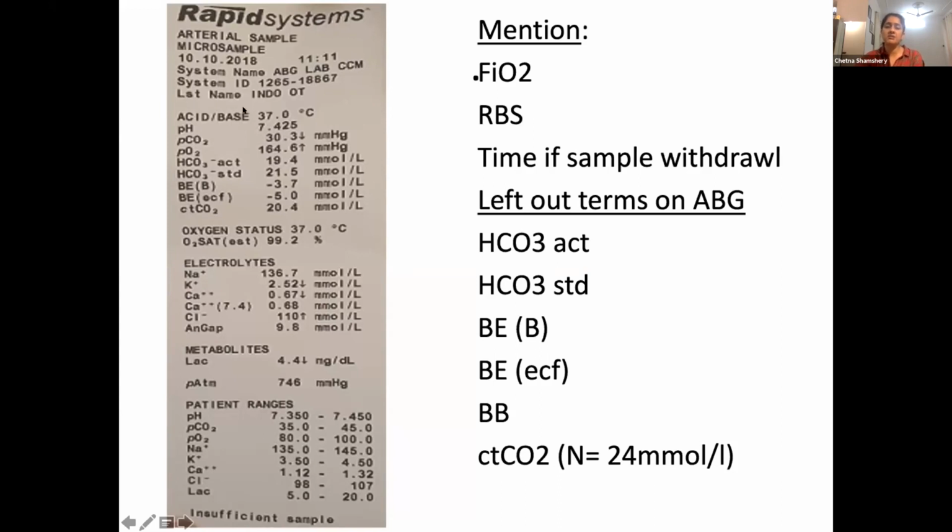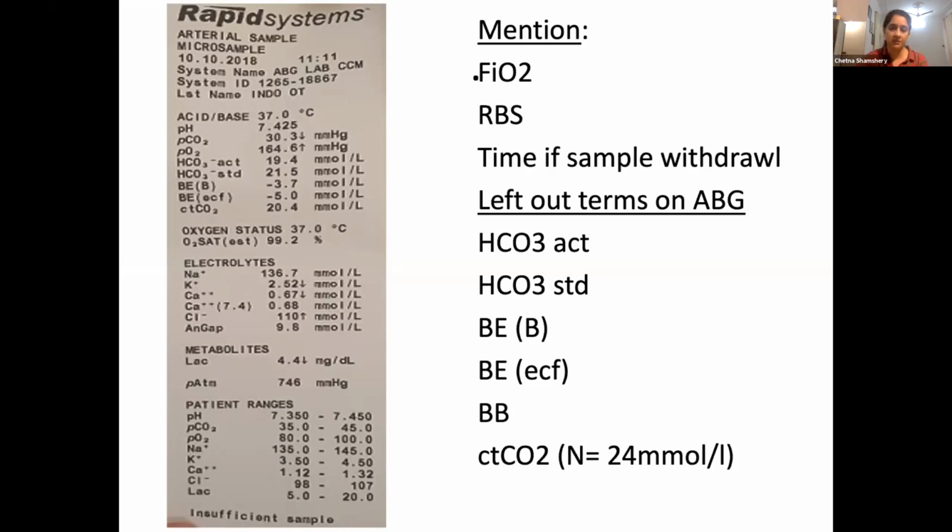Before you send your sample to the ABG analyzer, there are 2 or 3 things that are mandatory to write on the ABG slip. One is the FiO2 at which the sample was taken, because you need to calculate at what FiO2 this PO2 is being achieved. So always mention the FiO2, whether the patient is on nasal prongs, face mask, room air, or ventilator.